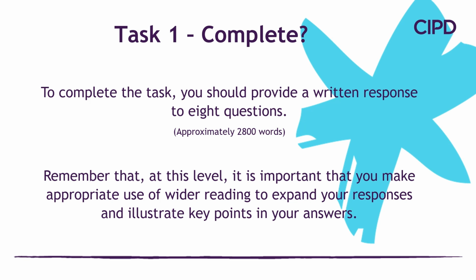It's also important that you've taken note of this further instruction here and that you have made use of wider reading within your answers and that has been accurately referenced. When you're happy that you have done all that and done it to your satisfaction, then you should be ready to move on to task 2.